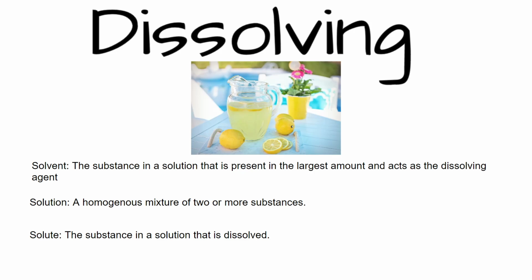The substance in a solution that is present in the largest amount and acts as the dissolving agent is called the solvent. The substance in a solution that is dissolved is called the solute. The solvent dissolves the solute. When you add lemonade powder to water, the lemonade powder is the solute and the water is the solvent.